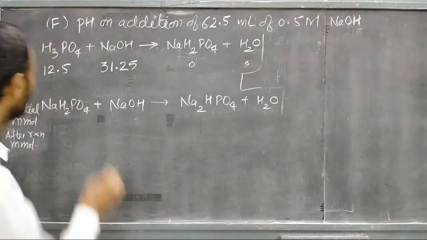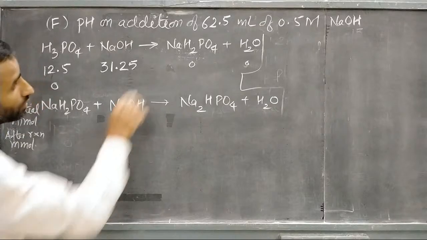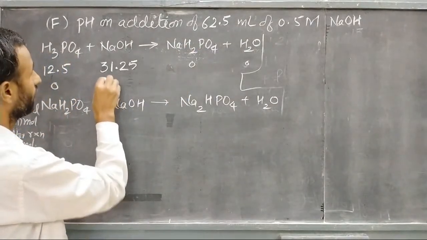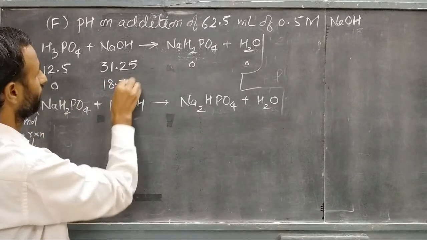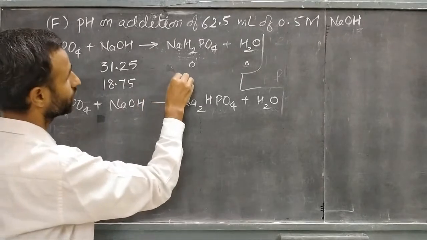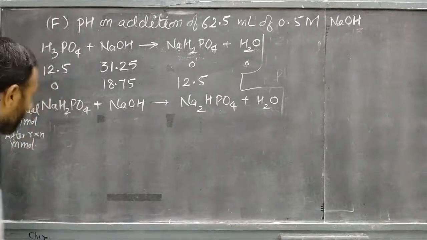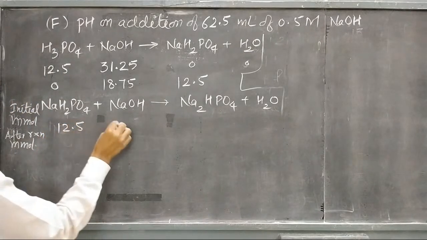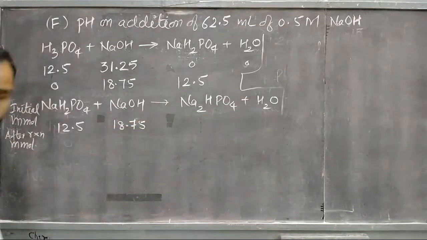So initial phosphoric acid is completely converted into NaH2PO4, and we get 18.75 and 12.5. Okay, now this is 12.5 and this is 18.75.